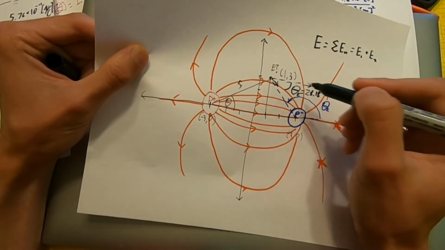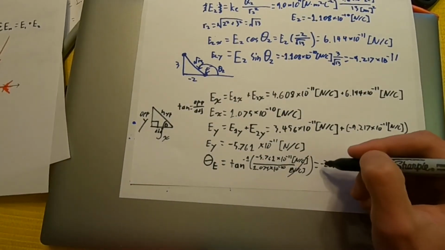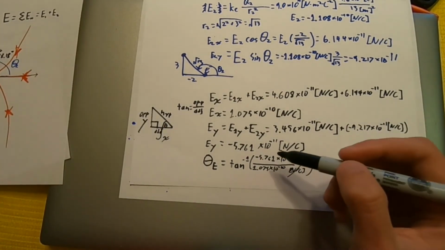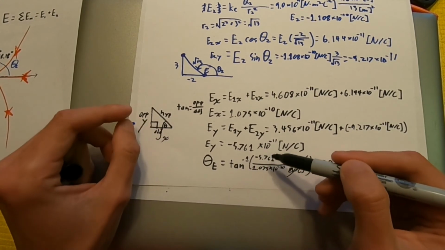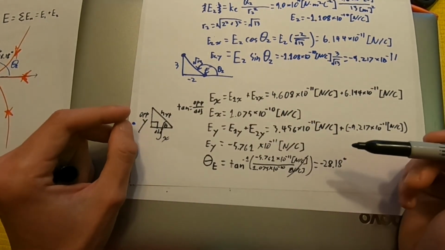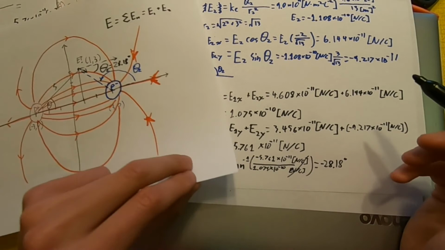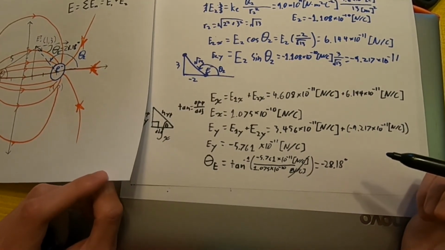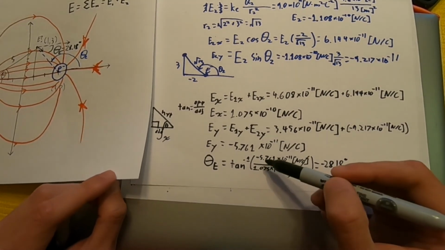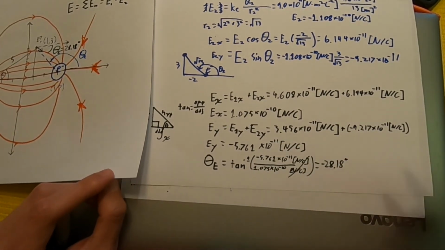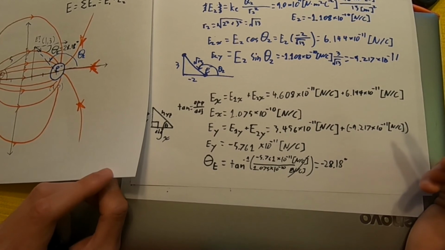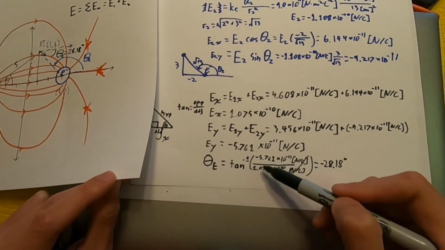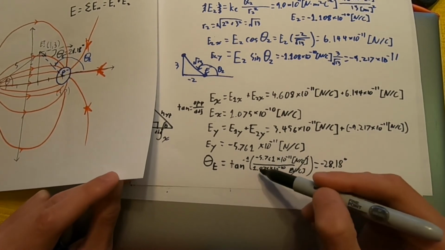from the horizontal. And we know that we don't have to add 180 degrees to this because our x component here is positive.